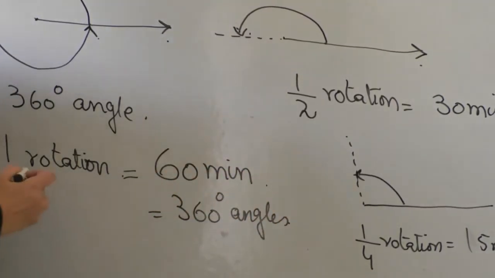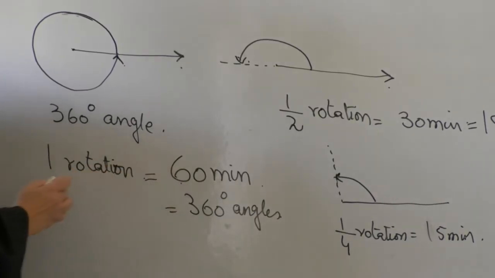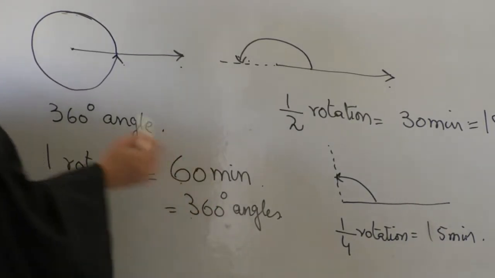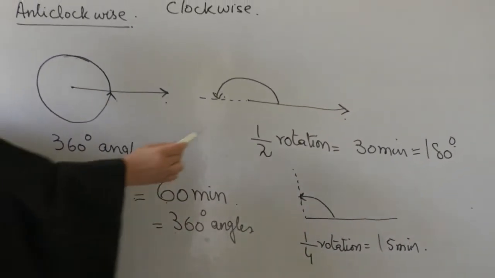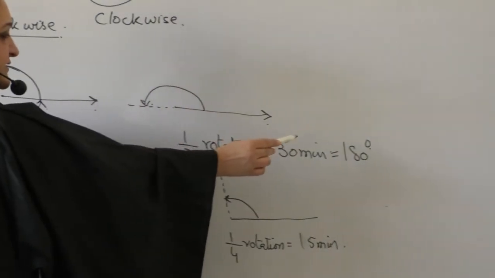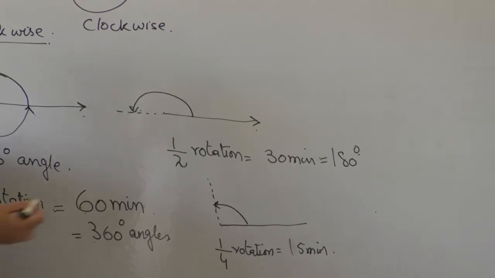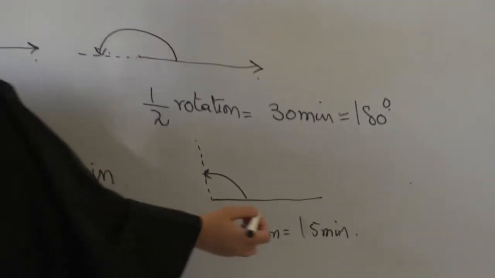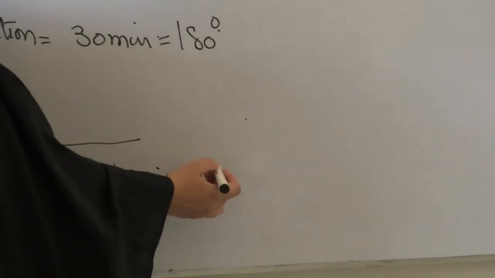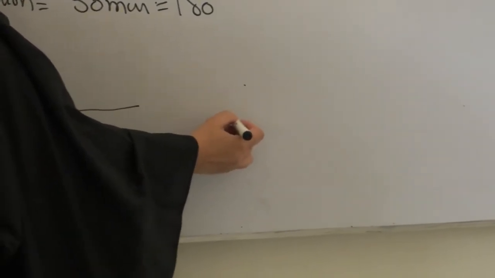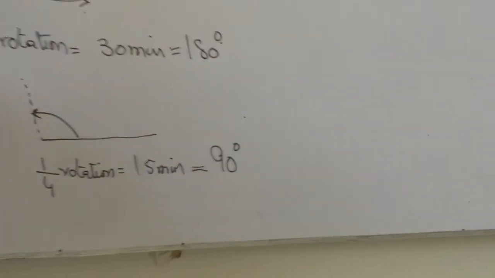So what it shows, in one rotation there are 60 minutes and there will be 360 degree angles. In half rotation there will be 30 minutes and there will be 180 degree angles. And in 1/4 rotation, when 15 minutes, there will be 90 degree angles.